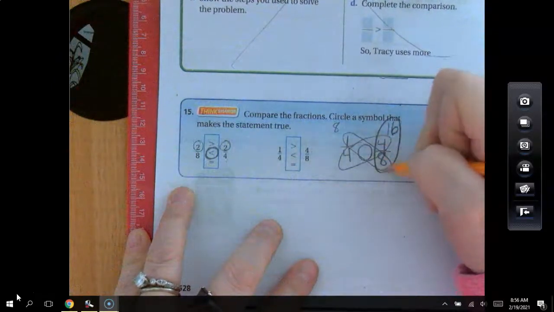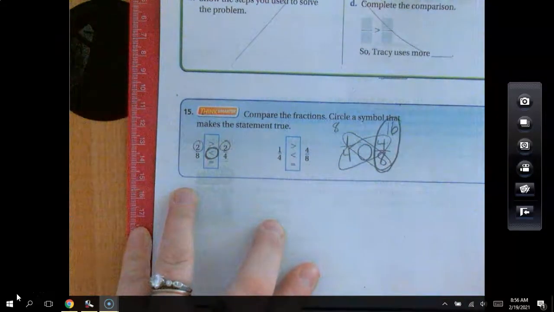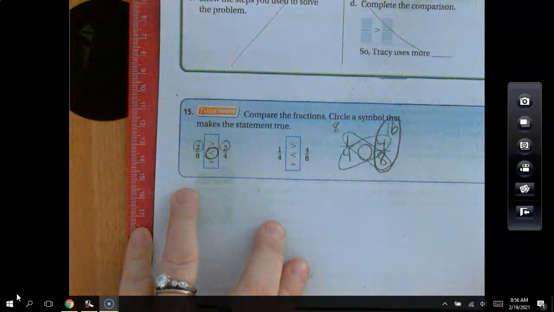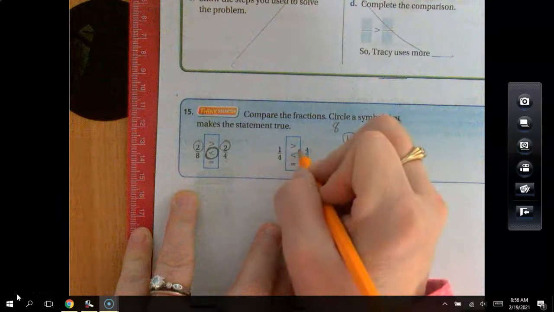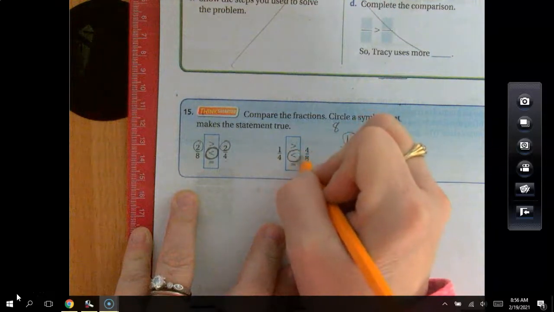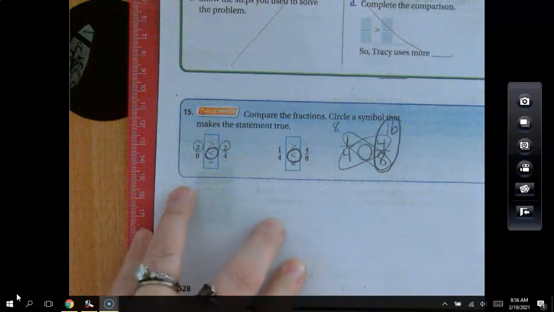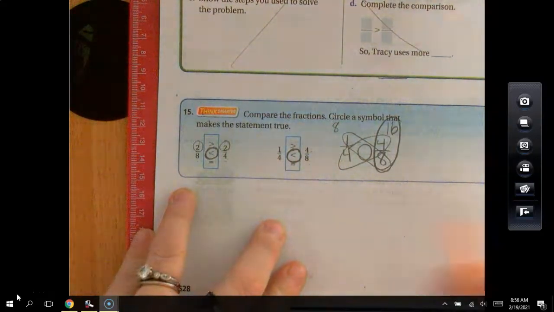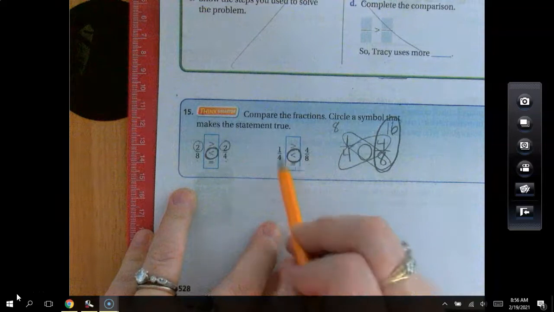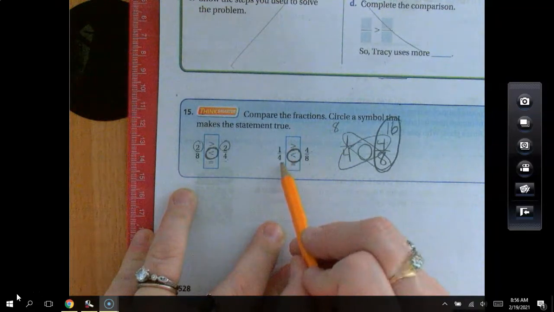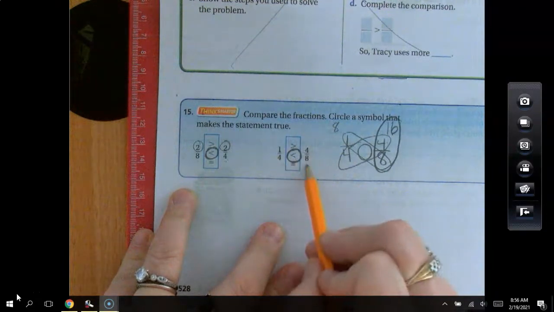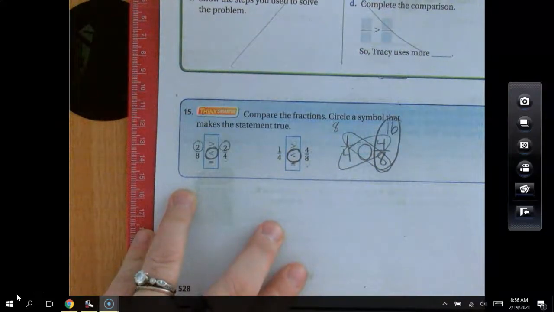So my fraction would be 4/8. 4/8 is greater than 1/4. So make sure that alligator mouth is open to the 4/8. So how would you read that fraction? If you think you read it 1/4 is less than 4/8, you are correct.